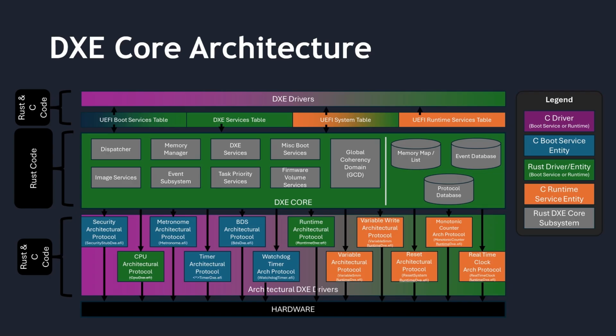The DXE core architecture here may be a little more complex than needed to get started with Patina, but what this is meant to show is a more visual way to view what exactly makes up a DXE core. And this is common between both a C DXE core and a Rust DXE core.